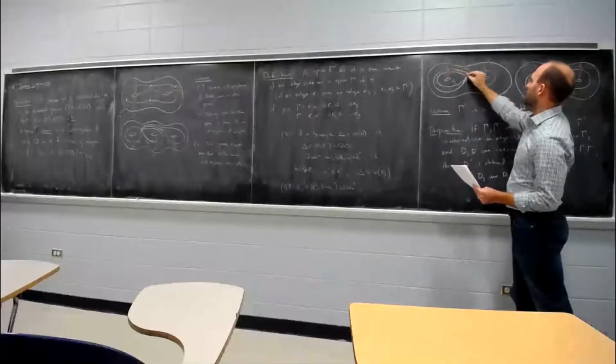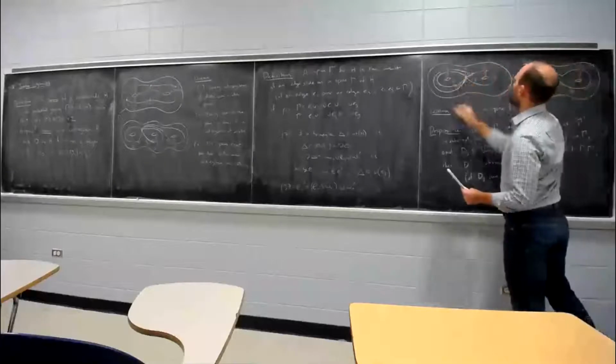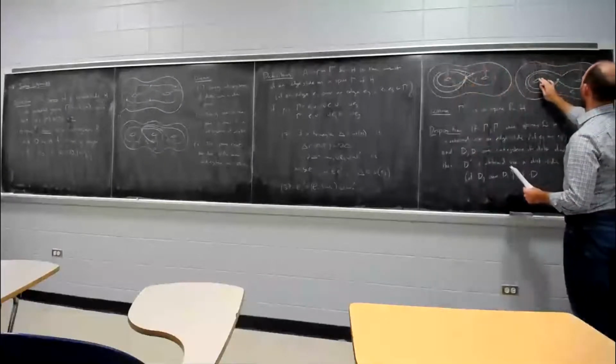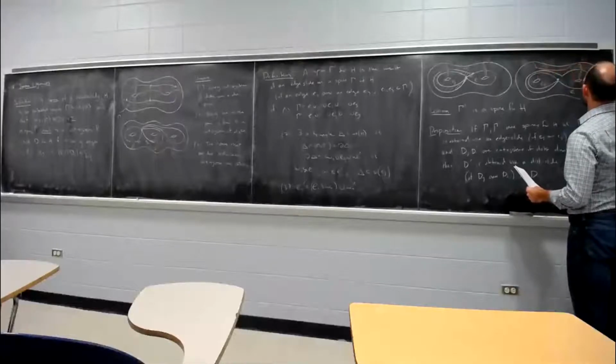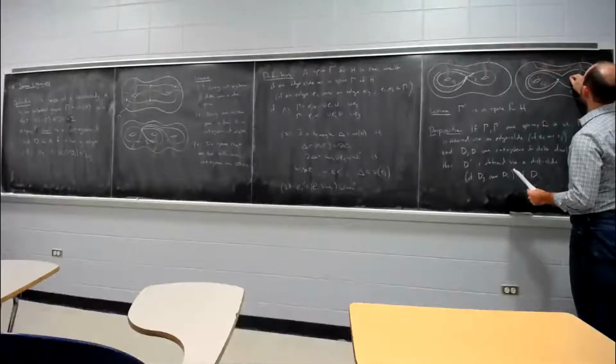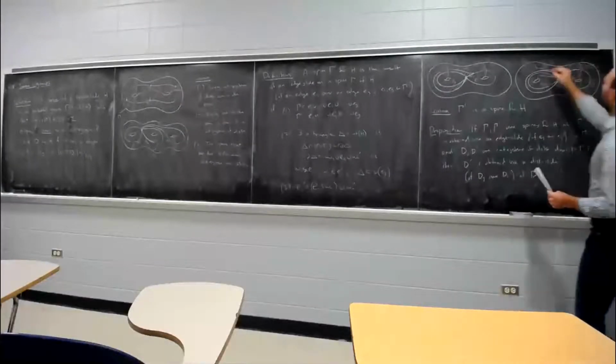We can use some portion of this triangle, these segments here, to tell us how to do a slide. If we slide over this, something like that, then we get a new disk.